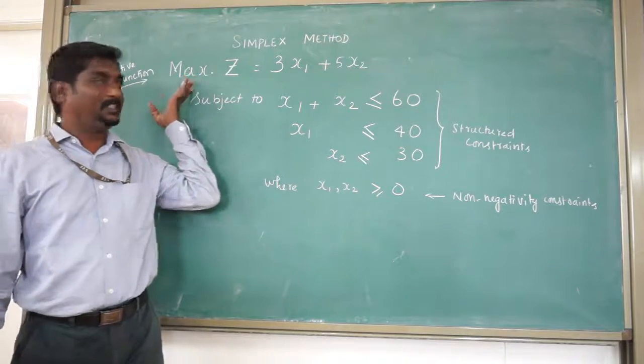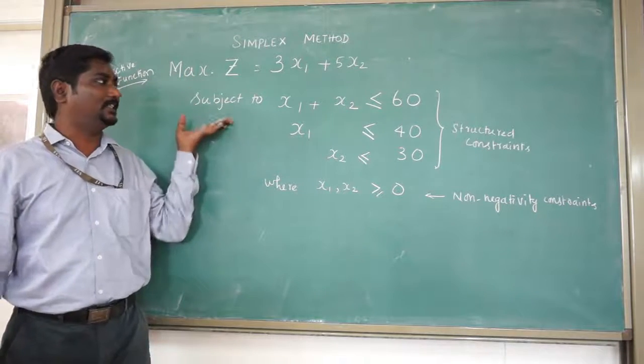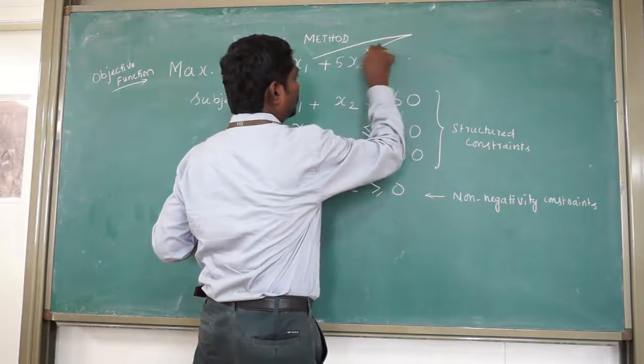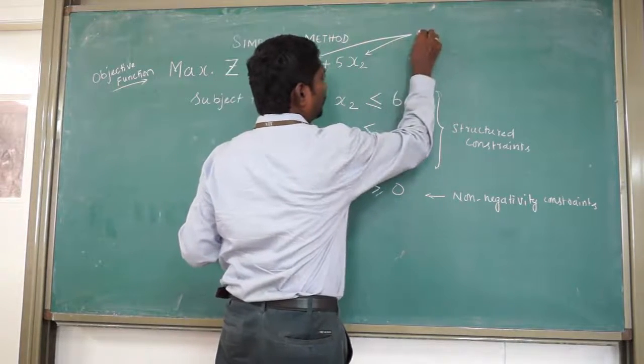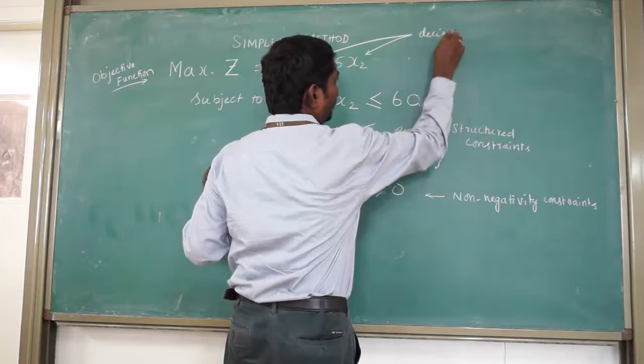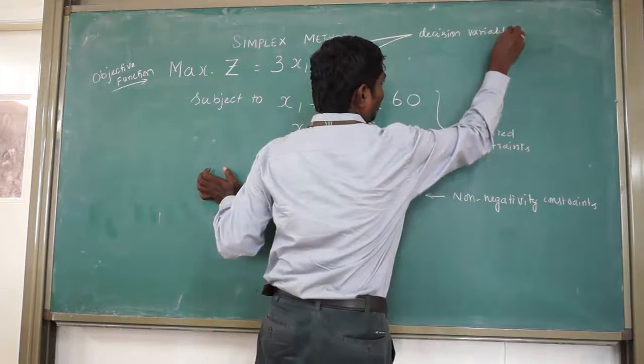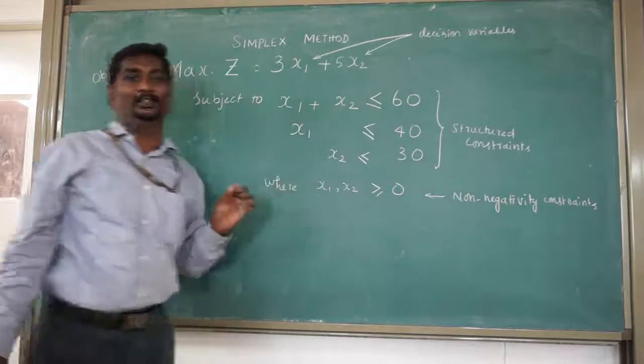The objective function and the set of constraints are made up of decision variables. This x1 and x2 are called decision variables. So in any linear programming problem, the objective function and the constraints are made up of decision variables.